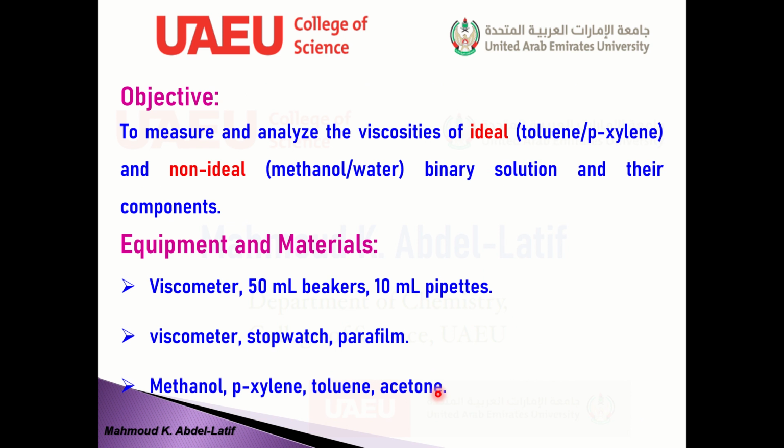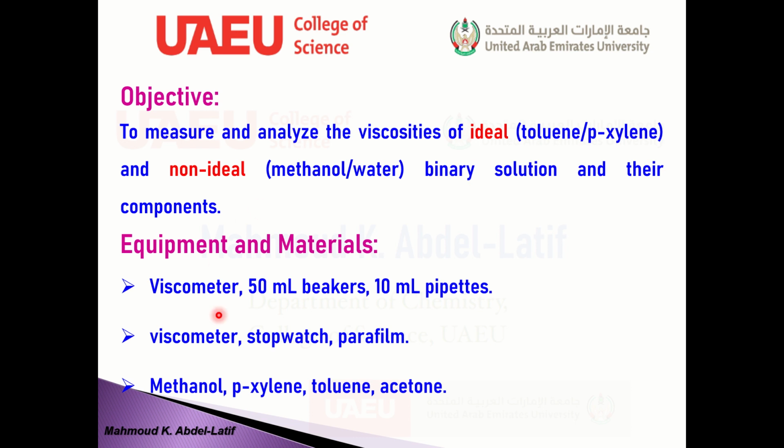The objective of our experiment is to measure and analyze the viscosities of different solutions: ideal solutions, which are toluene and paraxylene, and non-ideal solutions, which are methanol and water binary solutions, and their components.